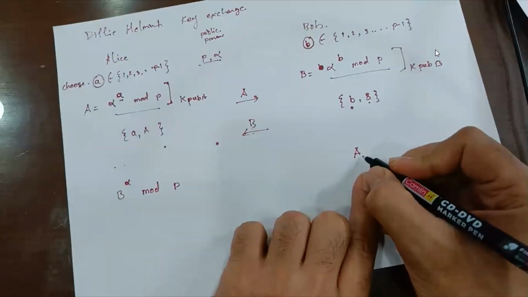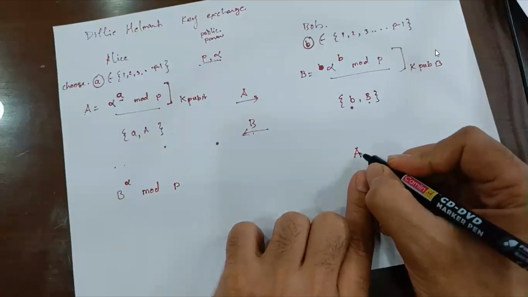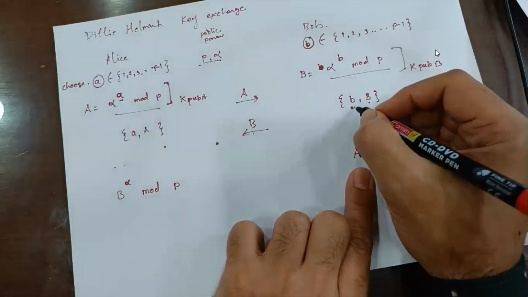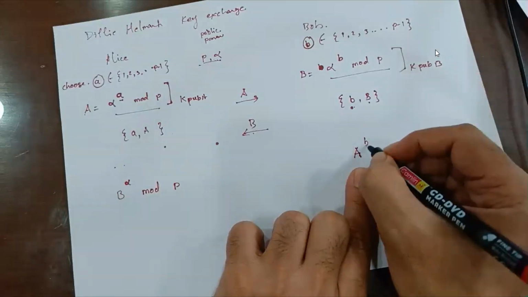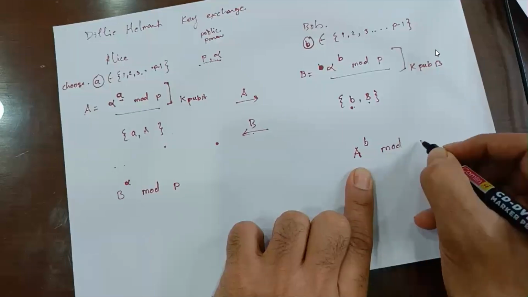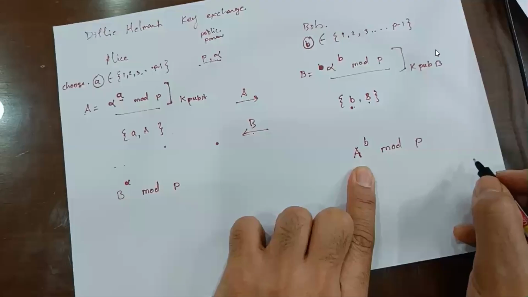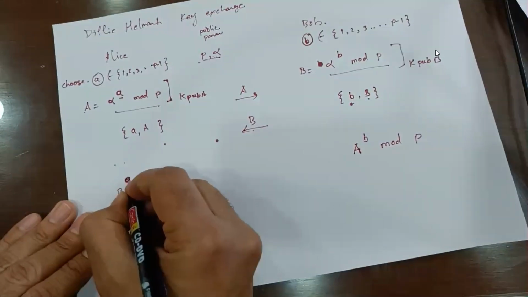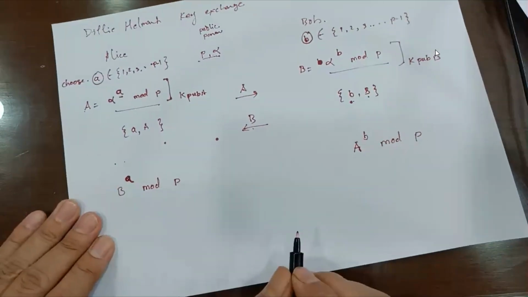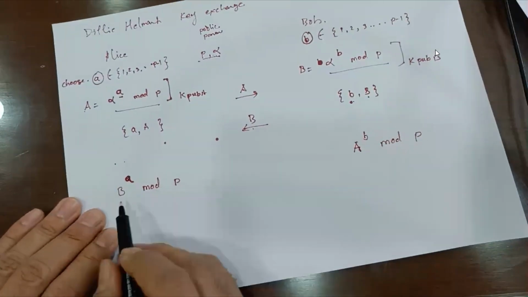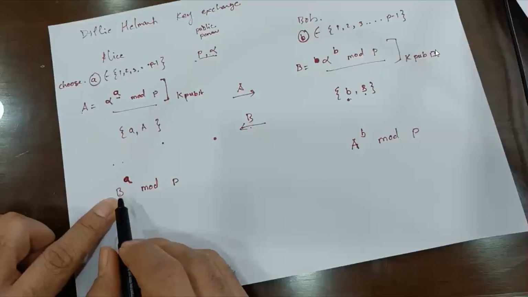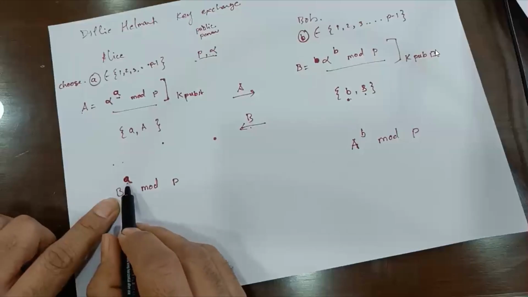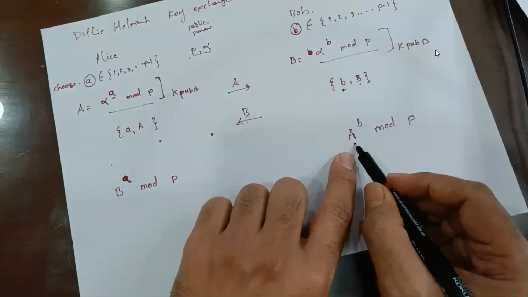Bob has received A. So what you have to do is A raised to private key of your own mod P. Not alpha, it's A. Any doubt here? So public key of the other user and private key of your own. Public key of other user and private key of your own.